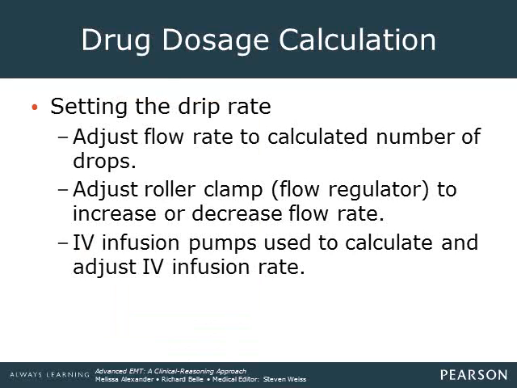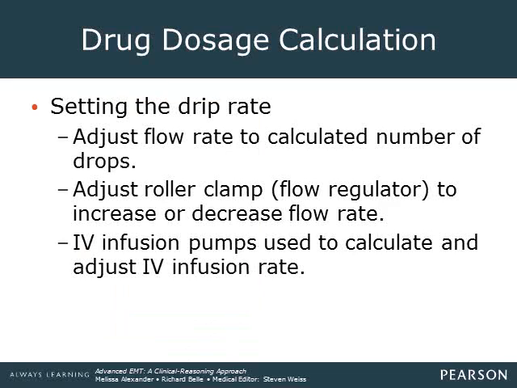So setting a drip rate, we're going to adjust the flow based off of the number of drops that we see. So if you will take a look back again on 294 in your text, the IV bag picture, upper right corner there, it talks about the flow regulator. Often gets called the roller clamp, but the roller clamp, if you dial it up, it speeds up.